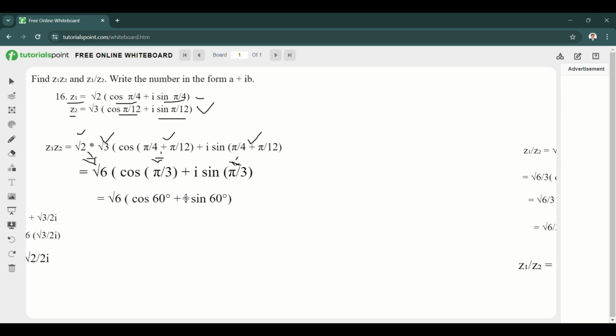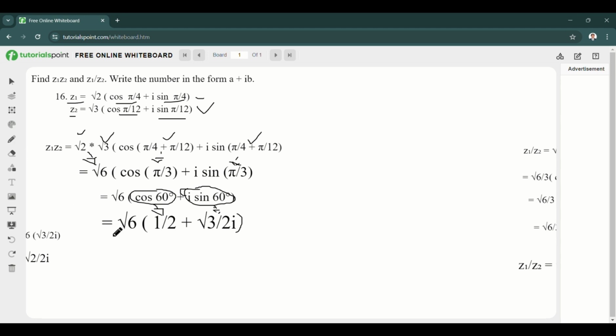Then this is the equivalent of this equation in degrees. So after that, we'll have cosine 60 degrees plus i sine 60 degrees. We'll evaluate those numbers. So we'll have 1 half for the cosine and square root of 3 over 2i for the sine.